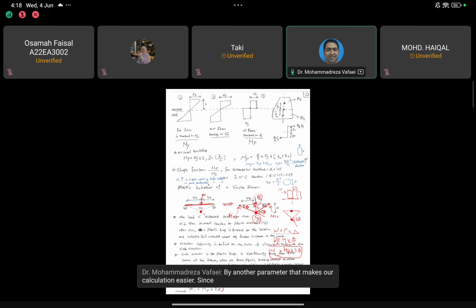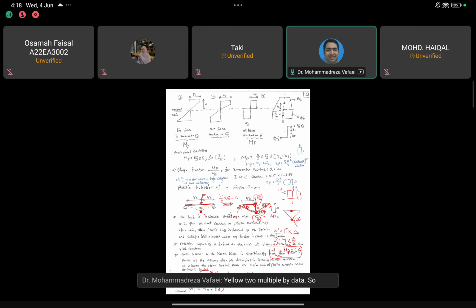Since there is a rotation of theta here, from math, you know that L over 2, which is the length of this line from here to the middle, if you multiply it to theta, which is the rotation, that equals to delta. It applies to any triangle that you have. L over 2 multiplied by theta equals to delta. So instead of delta down here, I can replace L over 2 multiplied by theta.